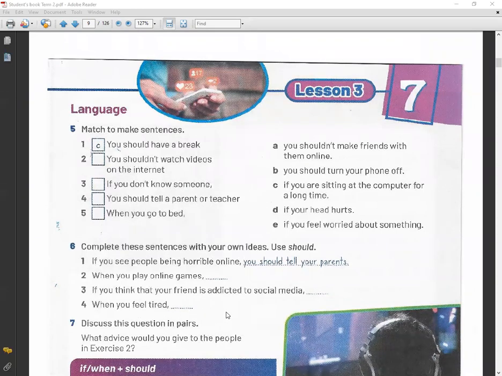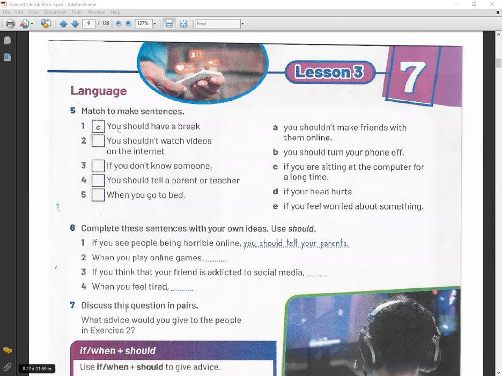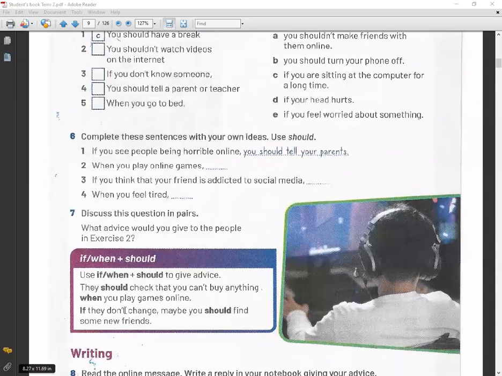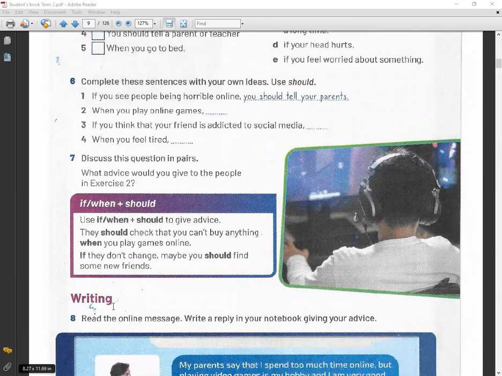In each one of these sentences, you have to complete by giving advice using should or shouldn't. As in the grammar box, if or when is followed by the present simple, and the second sentence will be should or shouldn't plus infinitive.